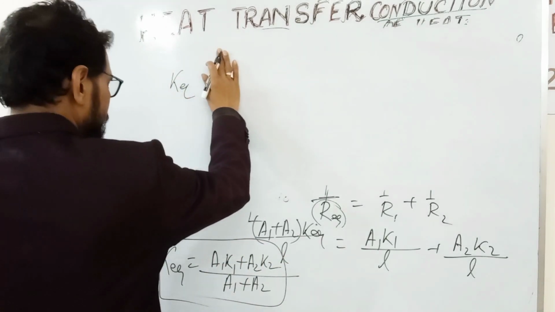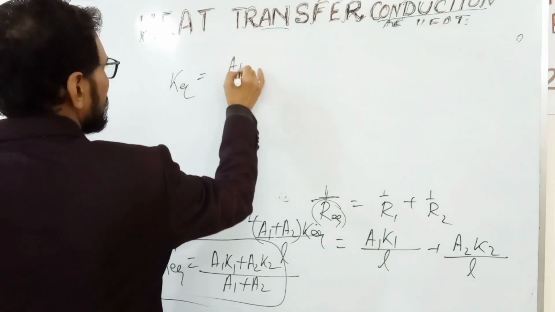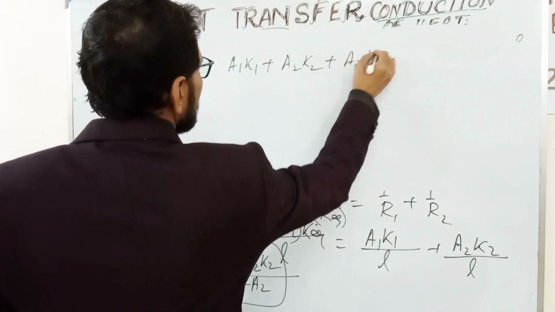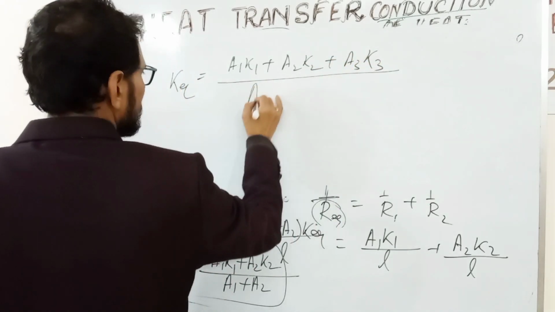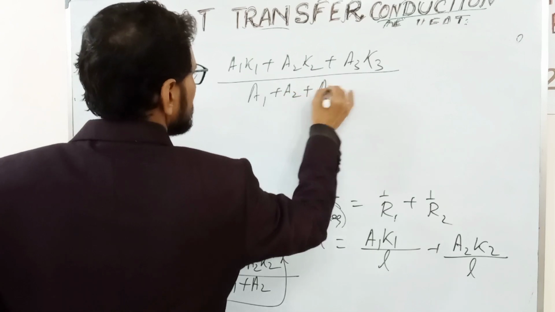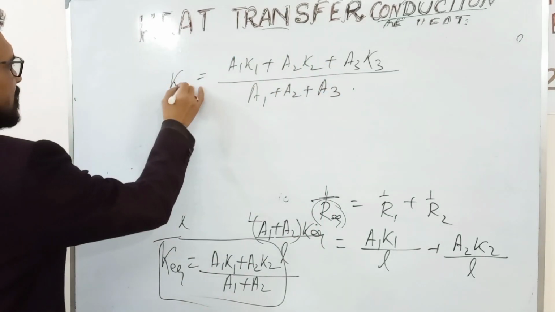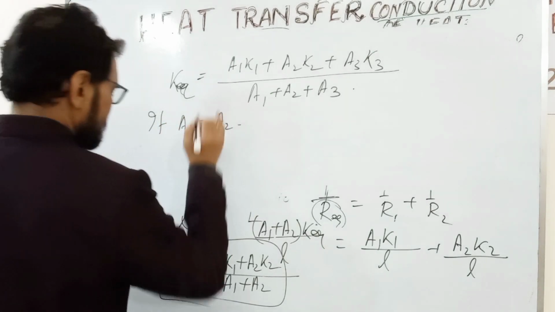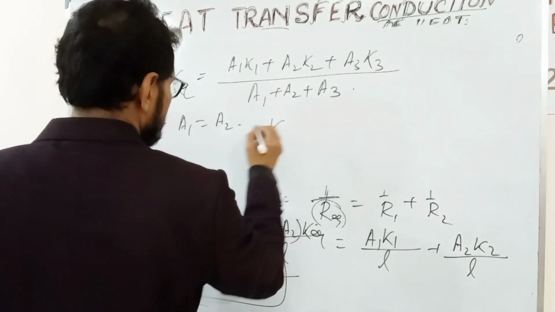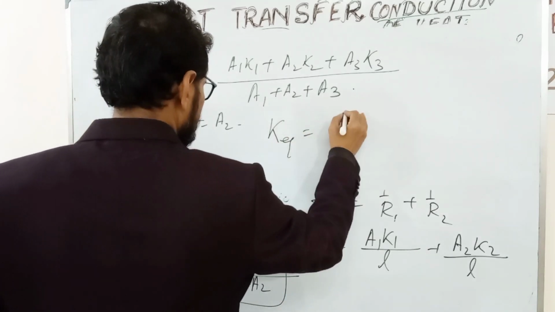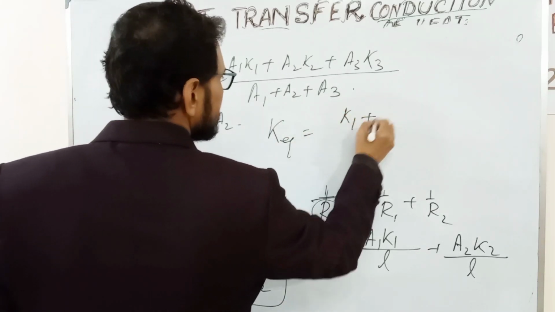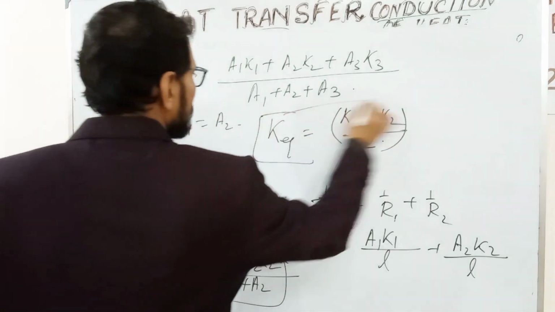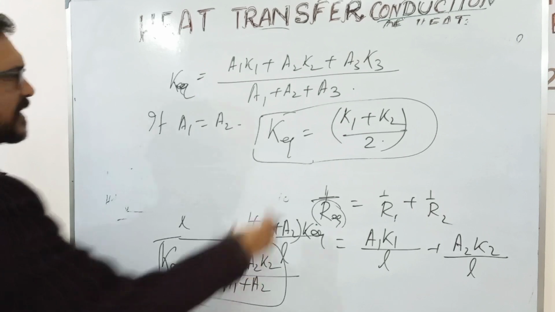For three rods, K equivalent equals A1 K1 plus A2 K2 plus A3 K3 by A1 plus A2 plus A3. If A1 equals A2, this is a special case, then K equivalent equals K1 plus K2 by 2.